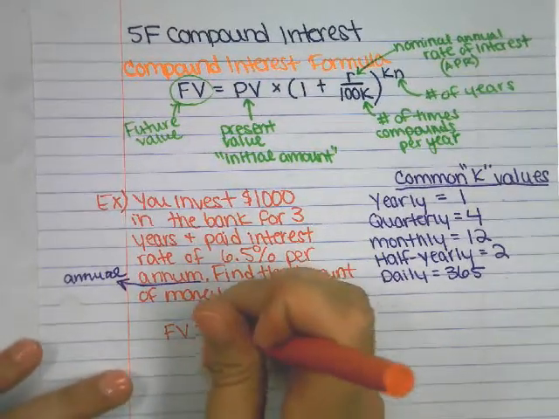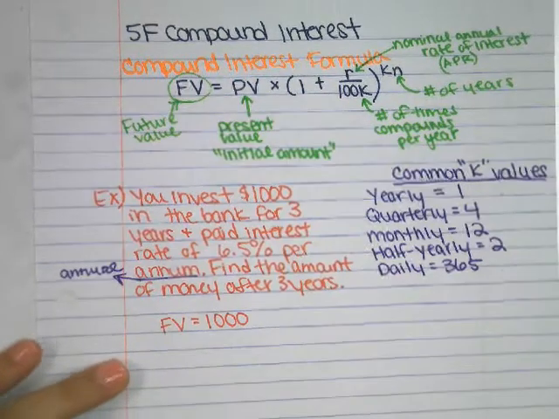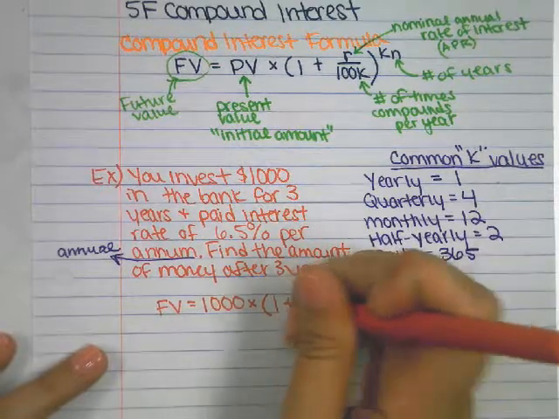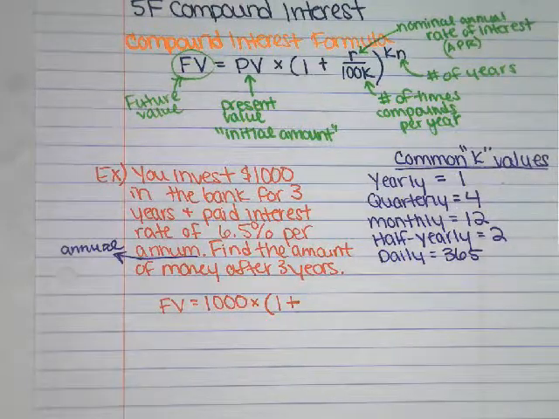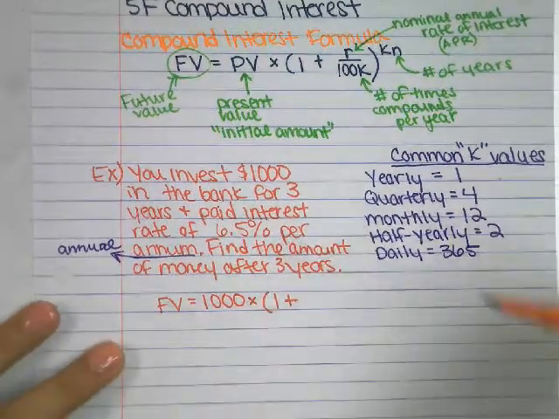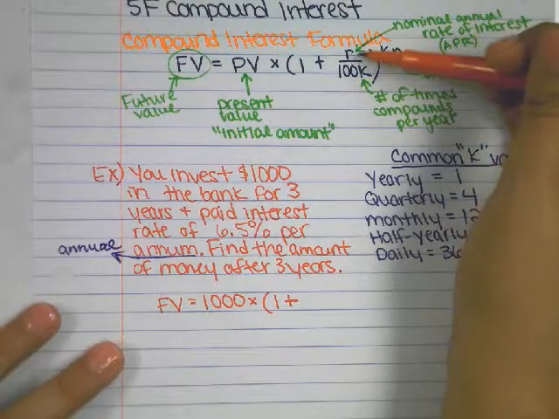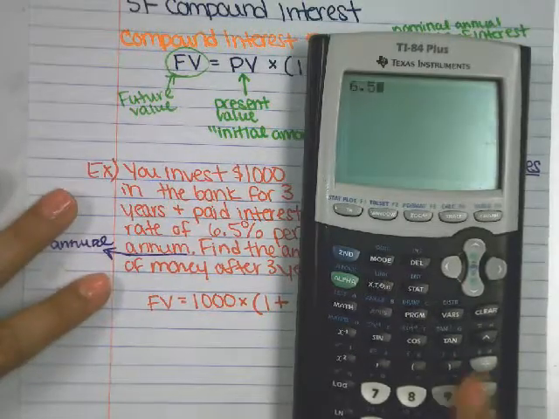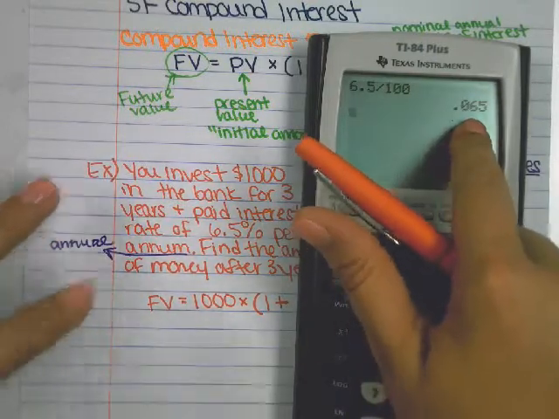So our future value equals our present value, the $1,000 we presently start with, times 1 plus, something weird about this formula: you actually plug your rate in as is, so 6.5%. The reason is the formula does the divide by 100 for you, so you do not have to convert to your decimal.